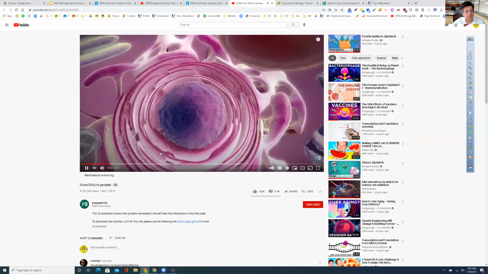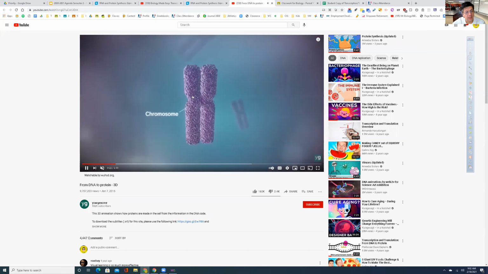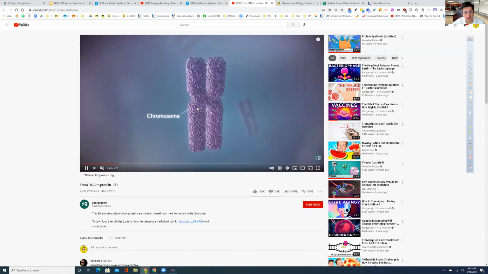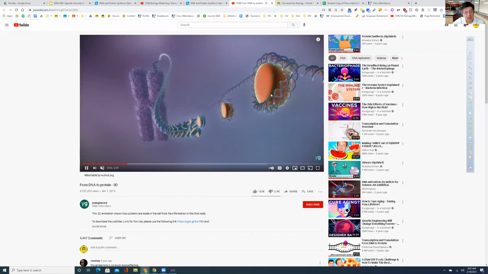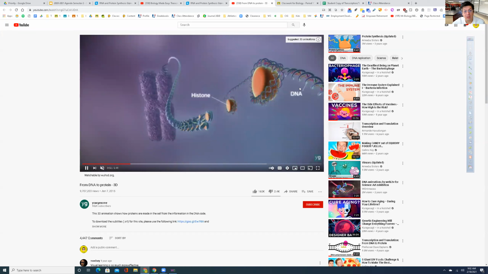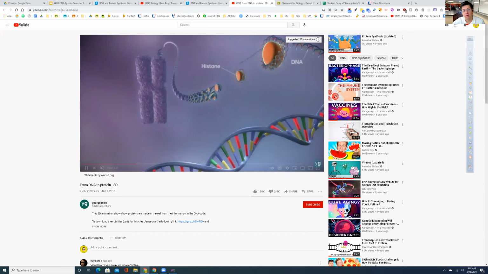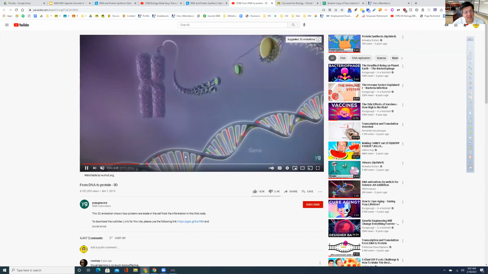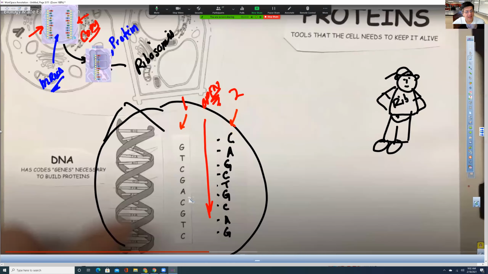So now, in human, here's the nucleus. In the nucleus, there's the DNA. So here's the DNA that we're talking about. DNA is super long, so that's why it looks like that. But remember, the cell only needs to copy certain portions of the DNA at a time. Let's imagine that that piece of DNA is the piece of DNA that we were working with in our lab.